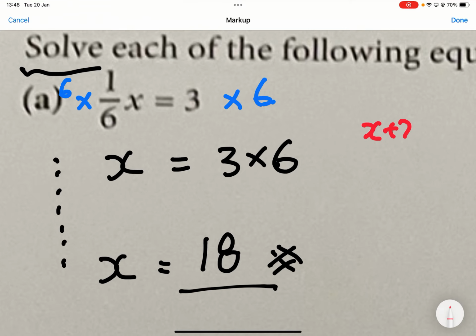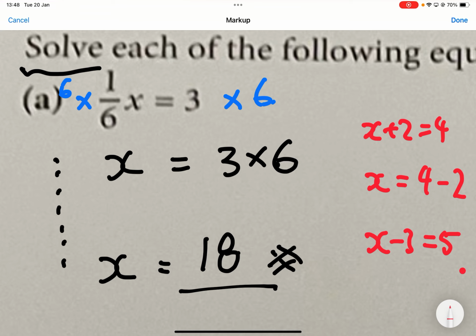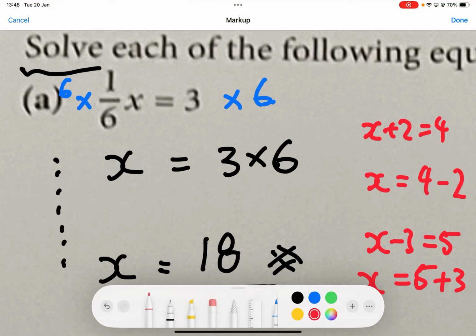It is similar to if you have x plus 2 equals to 4, then the next line, when my 2 cross the equal sign, positive become negative. Okay? Or if I have x minus 3 equals to 5, when I bring the minus 3 across, it will become plus 3. So it is a bit like working reverse like that.